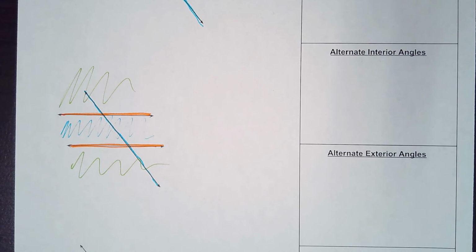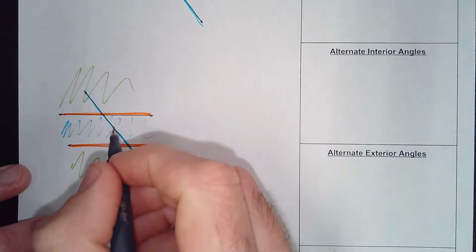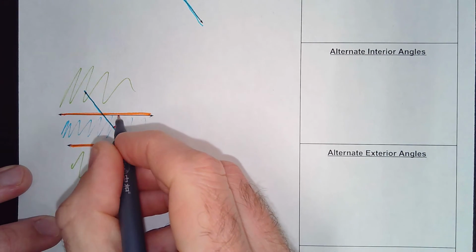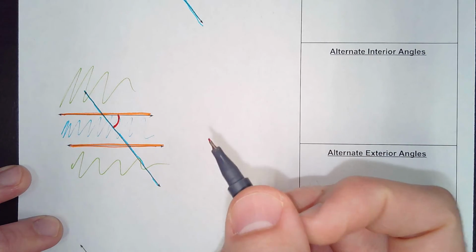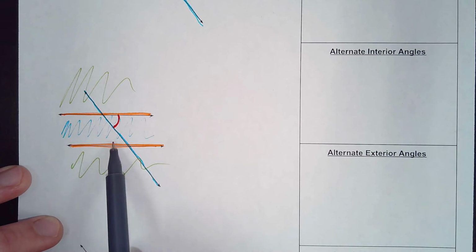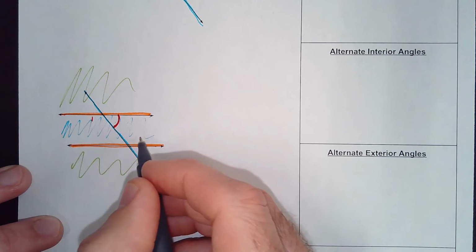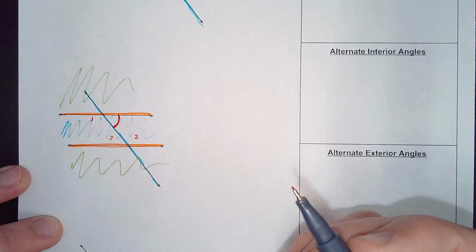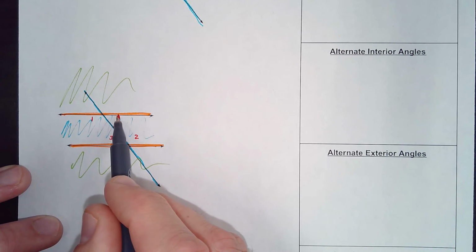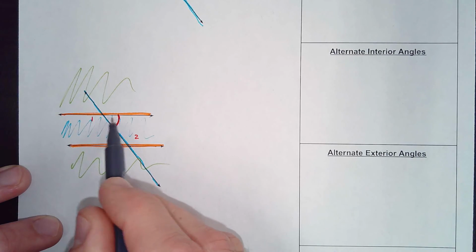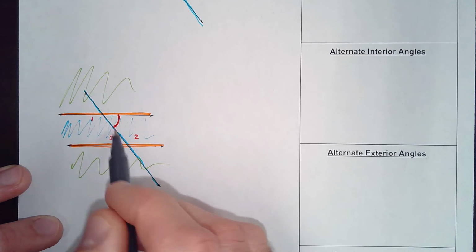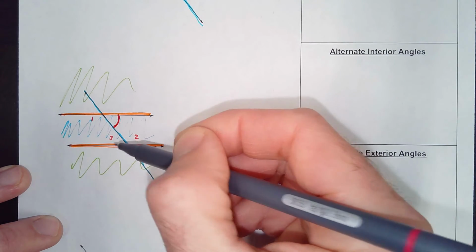So for alternate interior angles, let's say we have this angle. The other interior angles are this one and this one. This would be like angle 1, angle 2, angle 3. Alternate interior means the opposite side of the parallel line, and then the opposite down below.